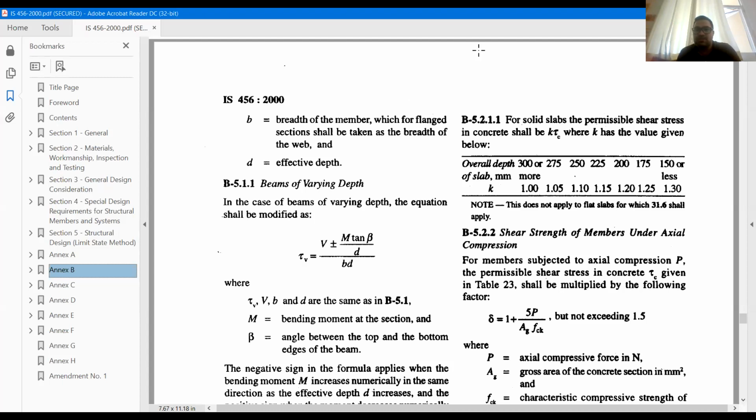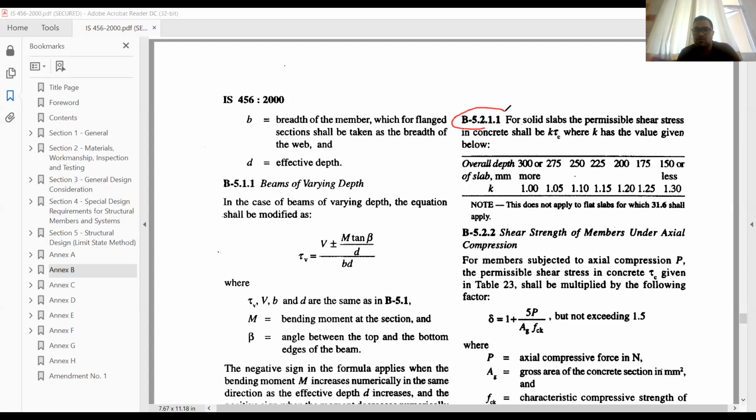Here you can see clause 5.2.1.1, which says that for a solid slab, the permissible shear stress in concrete shall be K into tau C. Our foundation is just like a solid slab, so the permissible shear strength will be K into tau C.